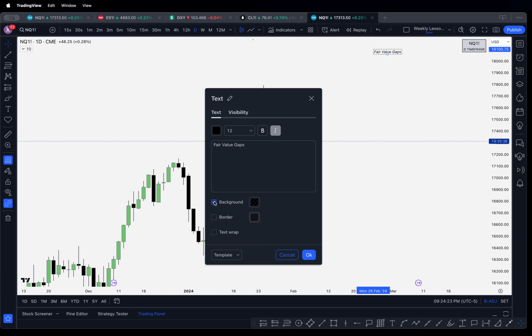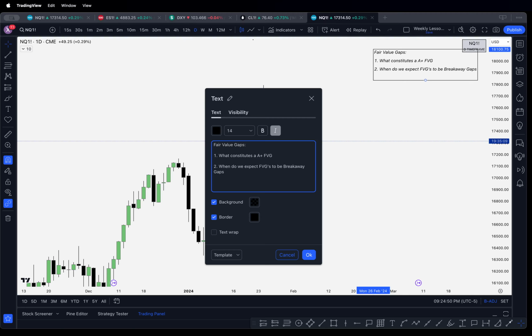Turn the background on and turn the border on so we can see it and make this a bit bigger. So let's frame what constitutes an A plus fair value gap. When do we expect FVGs to be breakaway gaps, we'll say.